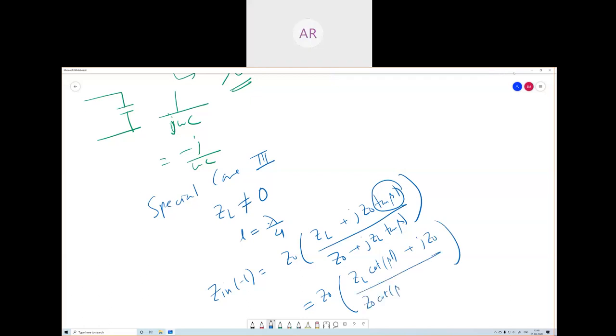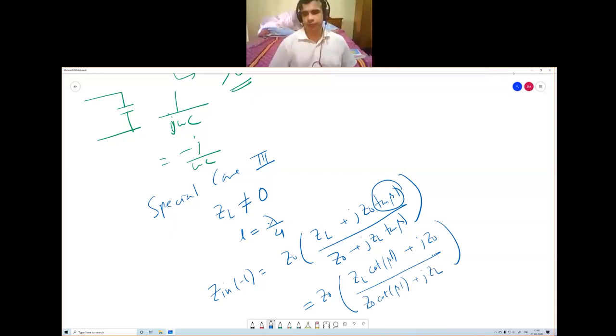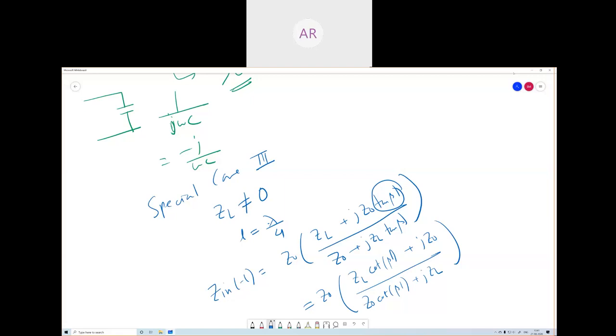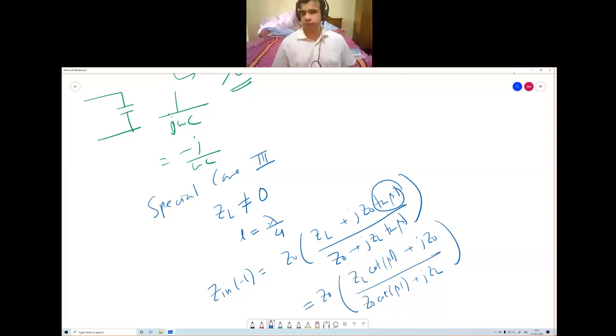Can we write the same thing in this way? Yes. Now if tan beta L becomes infinite, cot beta L will become 0 because tan and cot are reciprocals of each other.